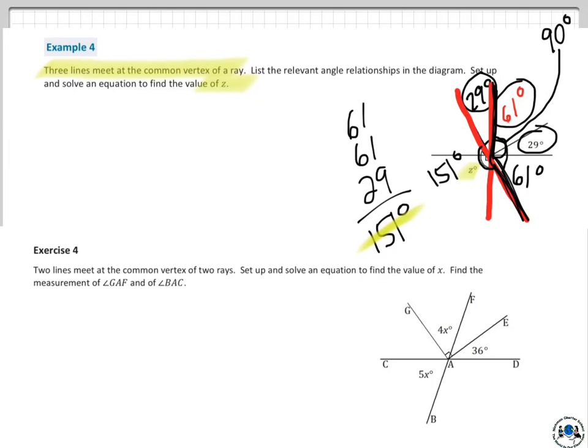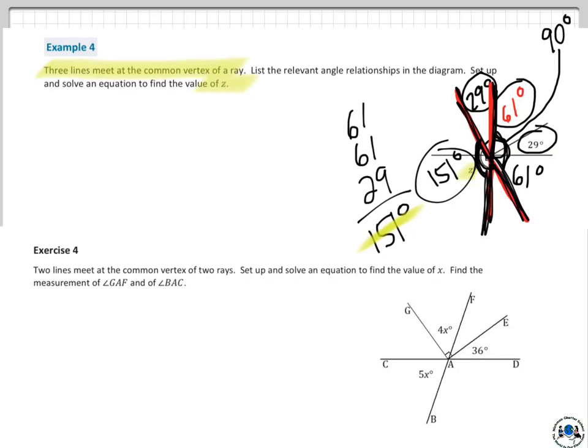This one angle here is going to be the same as its vertical angle right there, which is angle Z, and which is 151 degrees. Now, if you got to this answer, you were successful. If you did it a different way, it doesn't matter, because there are many different ways to solve these problems.